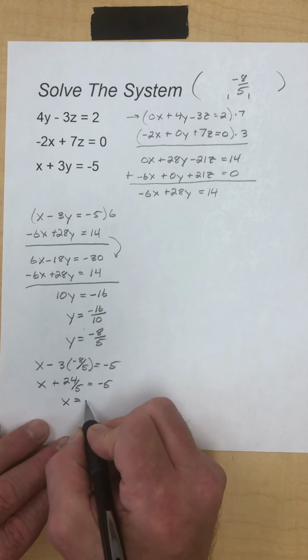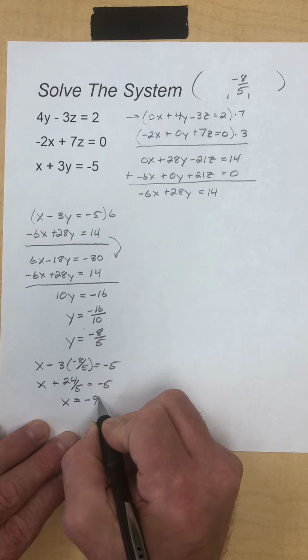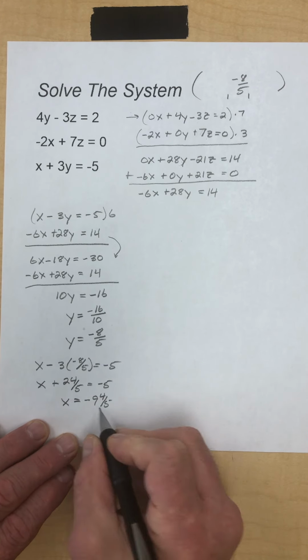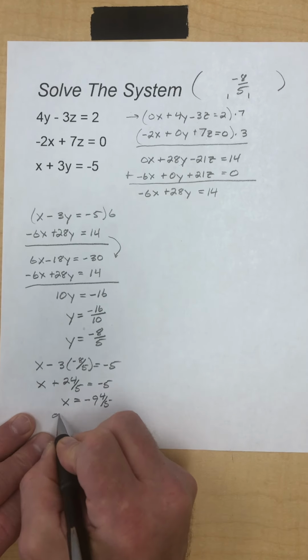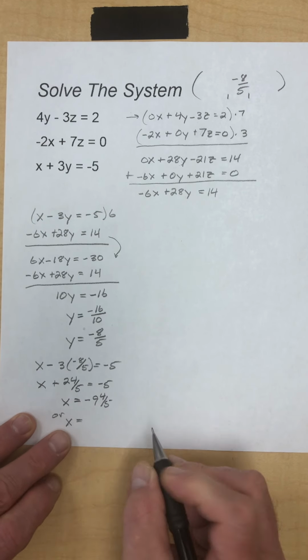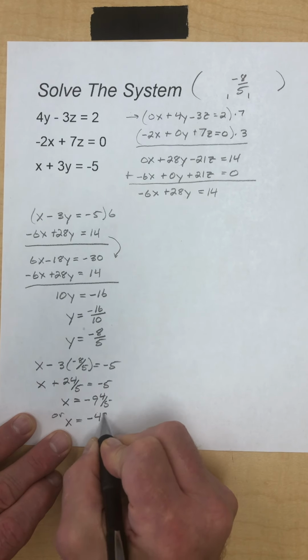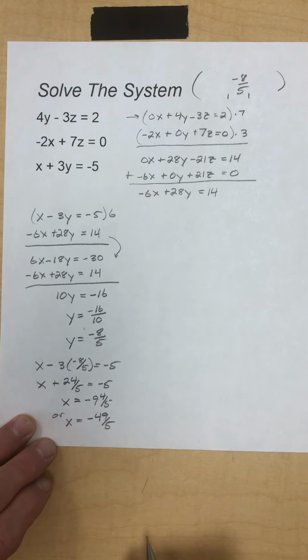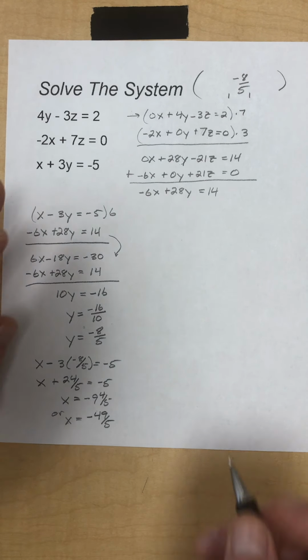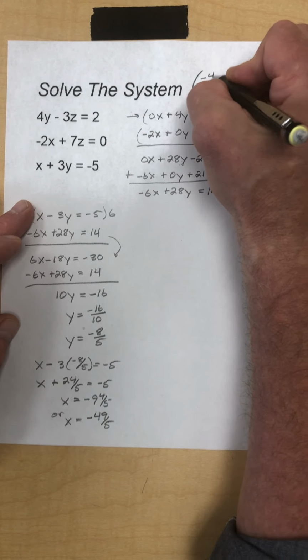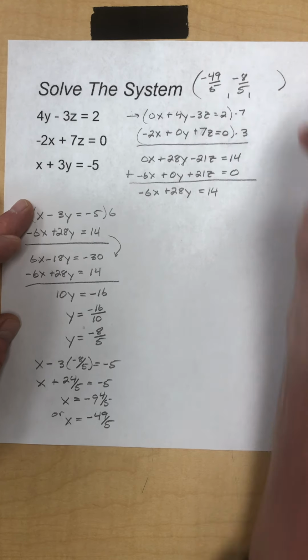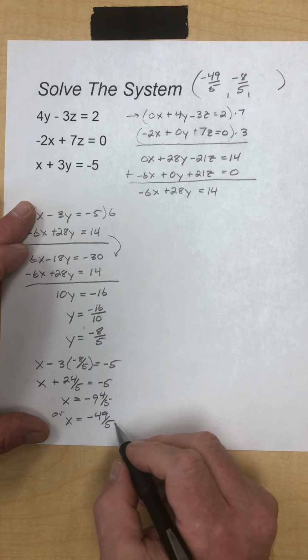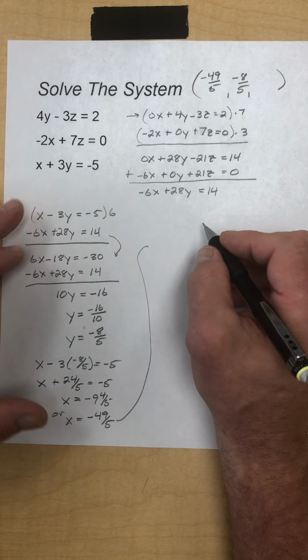So I'm getting negative 9 4/5. And you could use that as your x coordinate, okay? Or you could say, okay, that's the same as negative 49/5. Okay, either one. I'm going to use a negative 49/5. Okay, yep. All right, now I need my z.